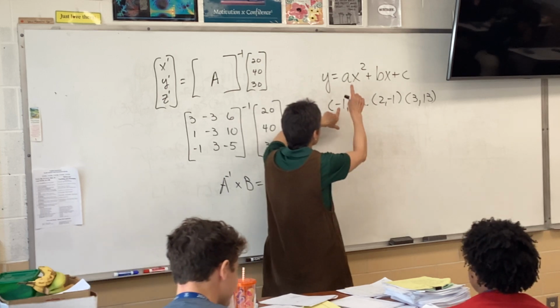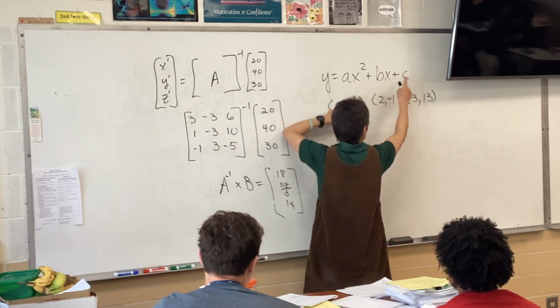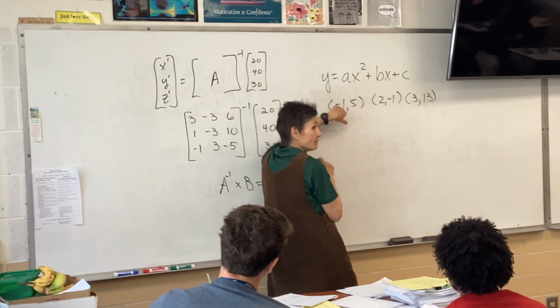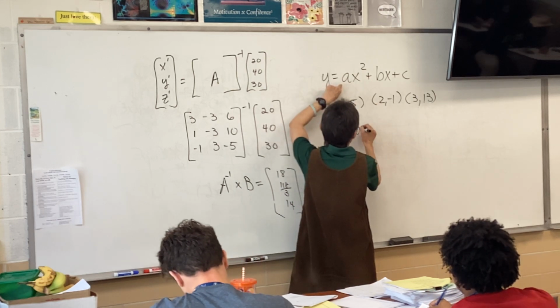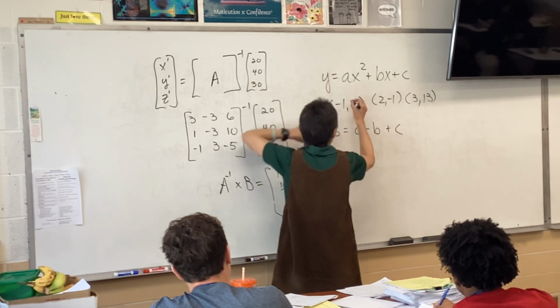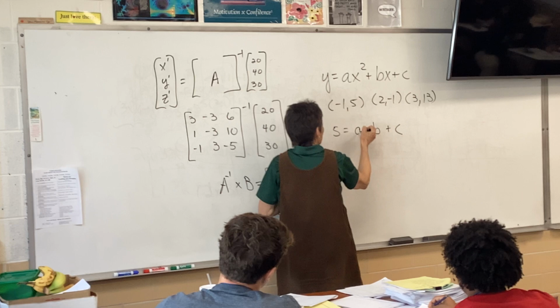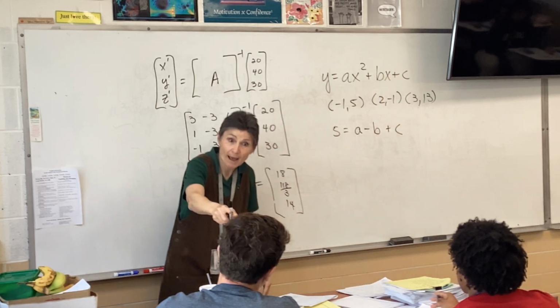If you put in a -1 for the x's, then it should all add up to 5, right? So 5 equals 1a minus b plus c. I just put 5 here, and -1 squared is 1, -1, just like that. And what's going to happen?